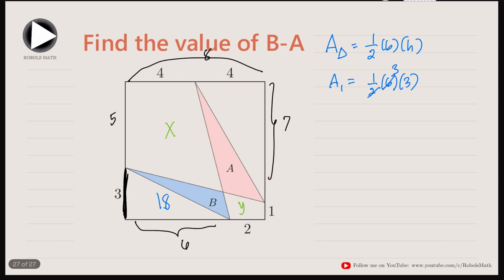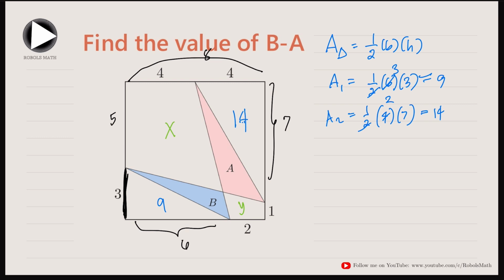Oops, sorry, this is 9. So we do the same for the other triangle. We get 1/2 times 4 times 7, which when we simplify is equal to 14. So this is 14.